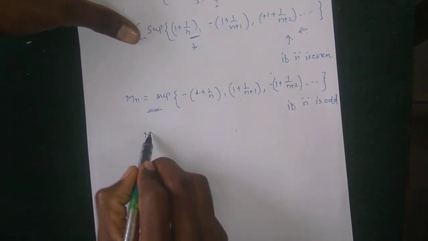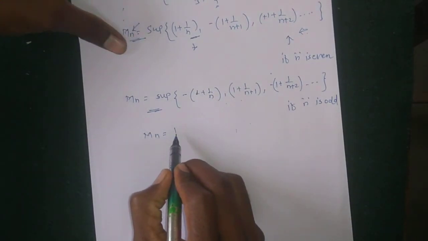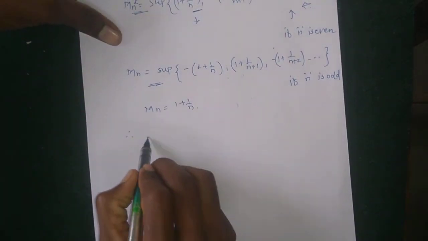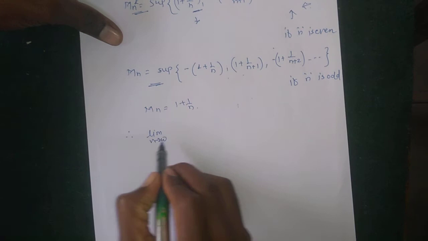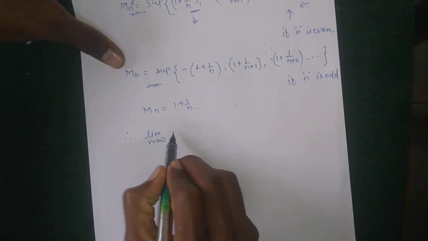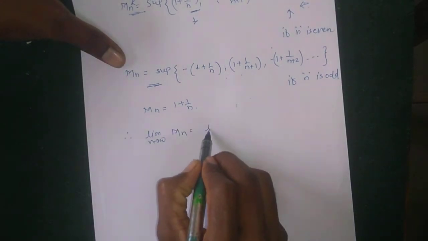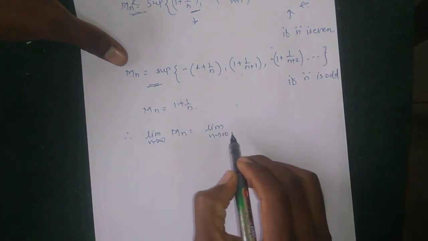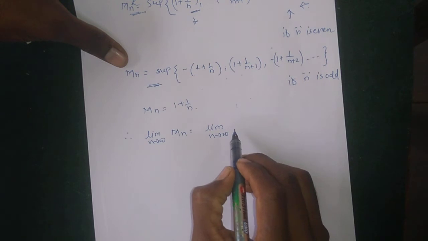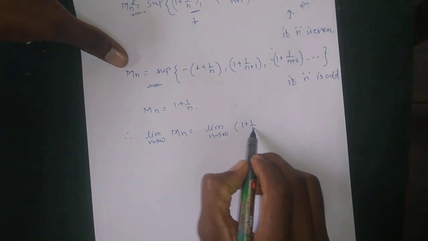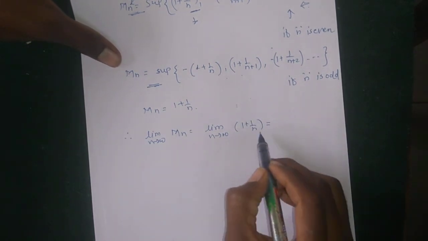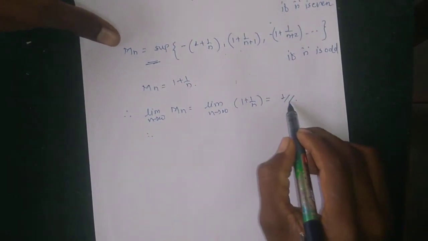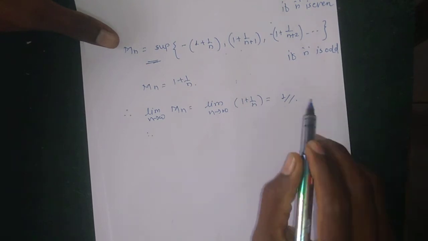Therefore Mn is equal to 1 plus 1 upon n, and therefore the limit as n tends to infinity of Mn is equal to the limit as n tends to infinity of 1 plus 1 by n. Putting n tends to infinity, we get the answer 1. And therefore the limit superior of the given sequence is 1.